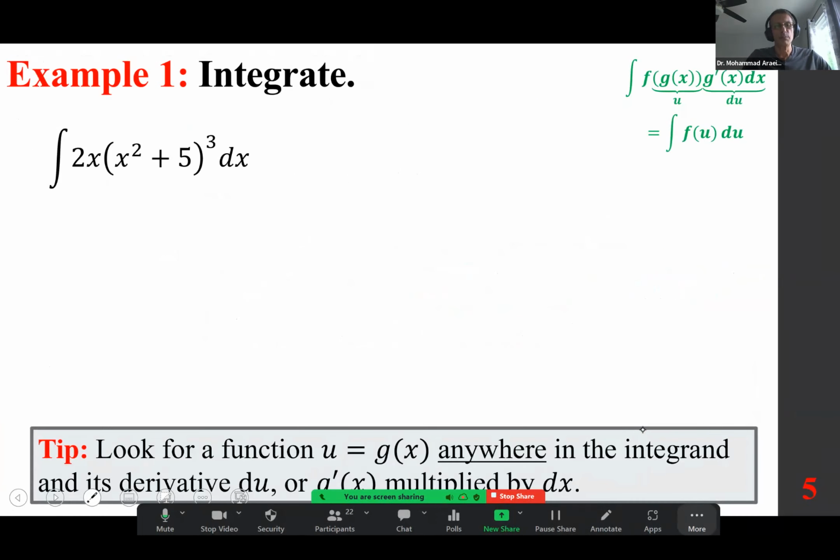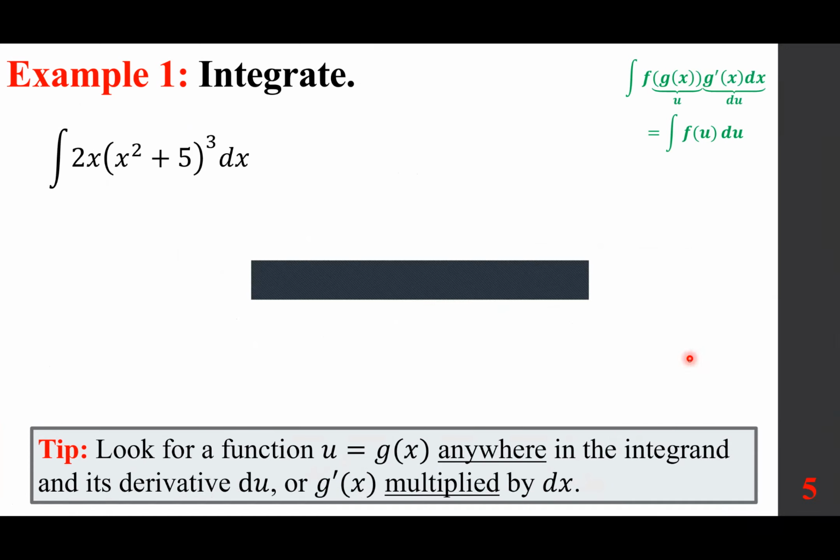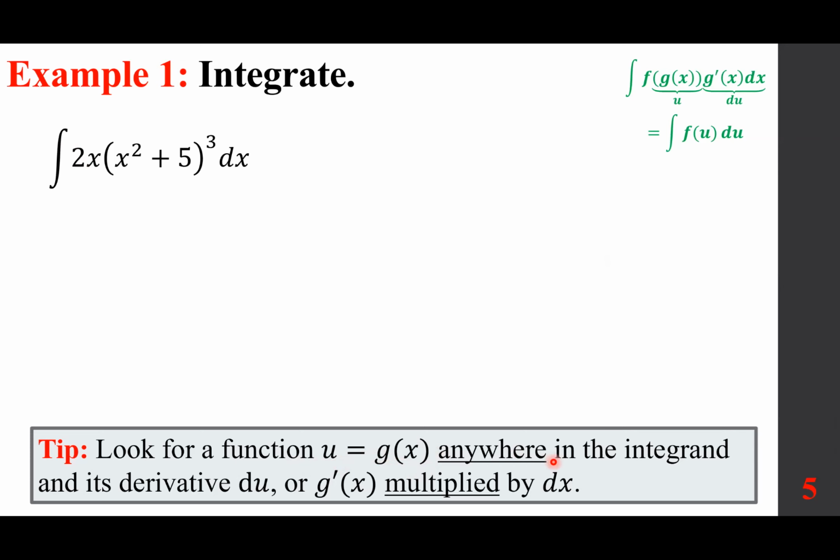So here's the tip. We want to look for a function u equals g of x anywhere in the integrand, such that its derivative du, or g prime of x multiplied by dx, is also there.